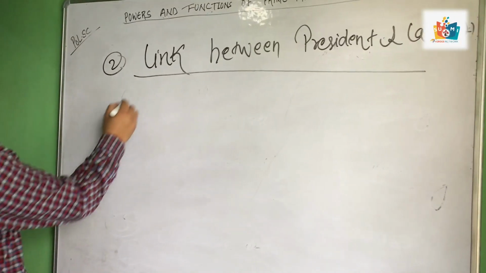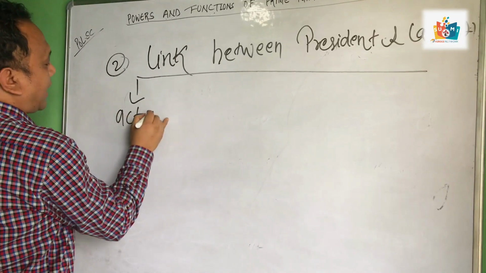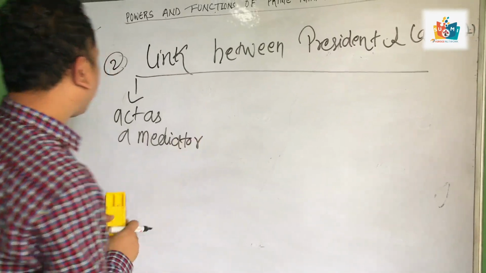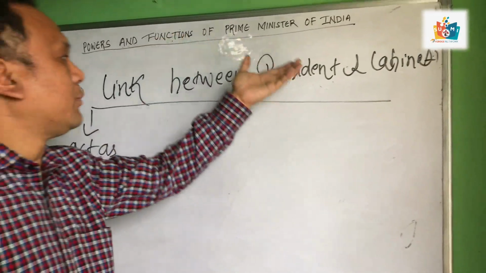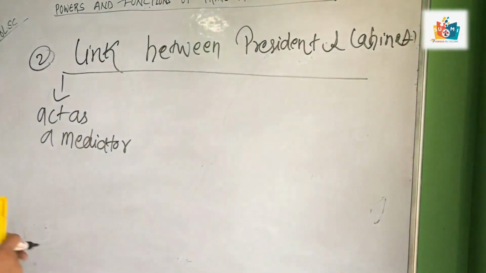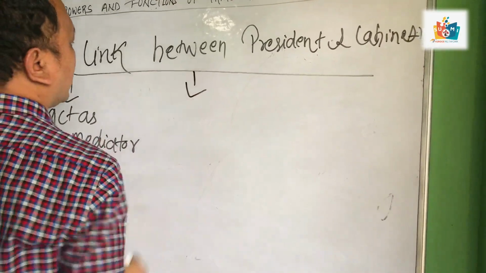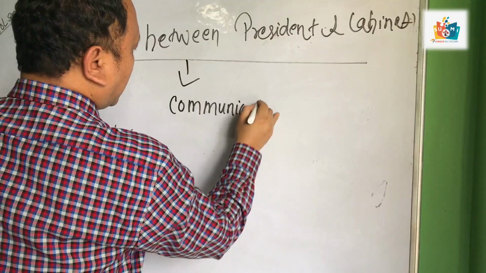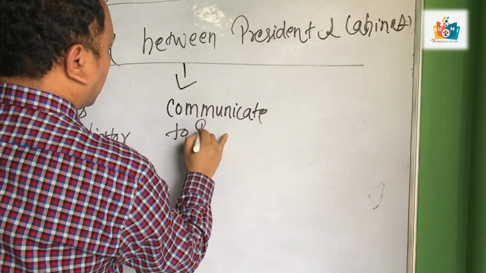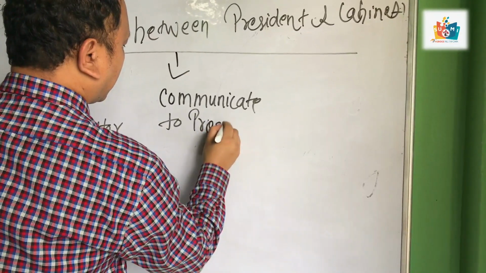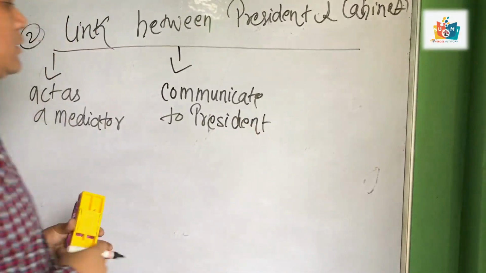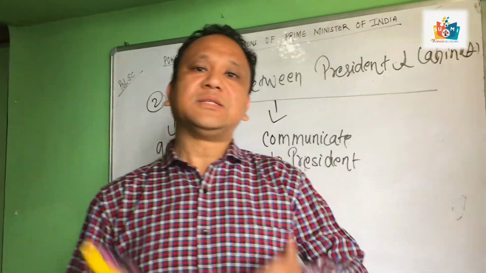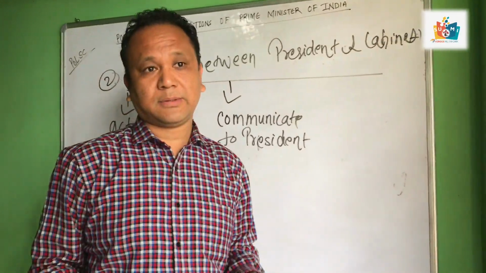So it means he acts as a mediator between president and cabinet. Number one, first point. Next point, he communicates to president regarding the issues, the policy, the decision taken by the cabinet.